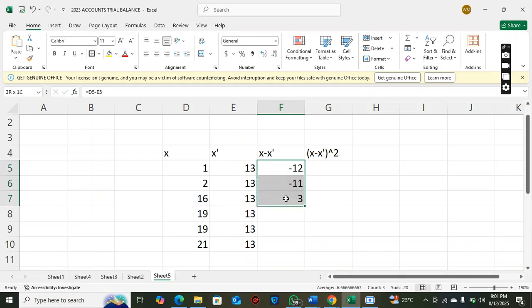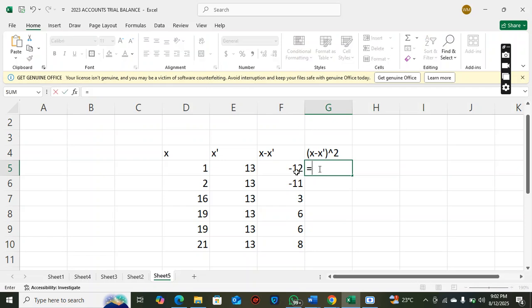Each value you subtract from the mean. 19 minus 13, 6. 19 minus 13, 6. 21 minus 13, 8. Any questions, colleagues? Each value is subtracted from the mean to get your deviation.